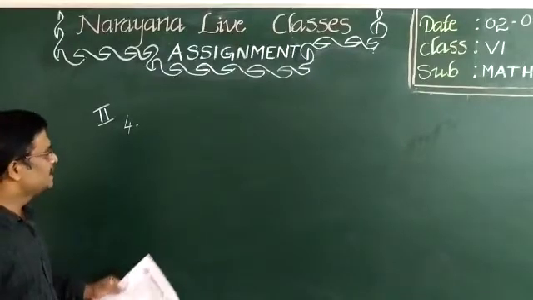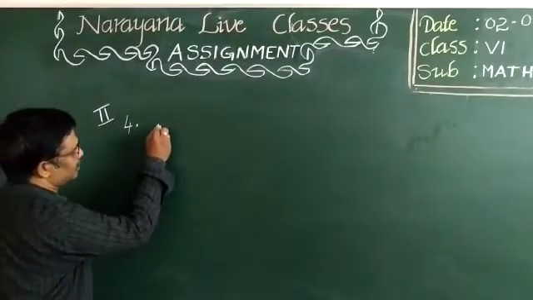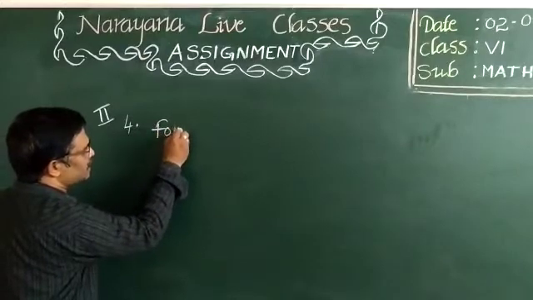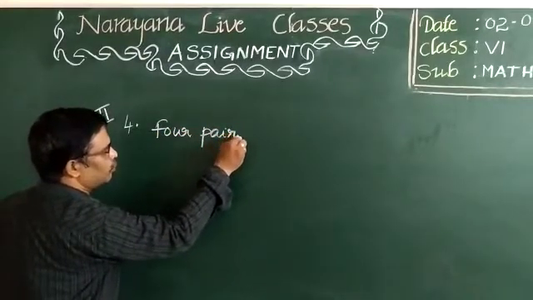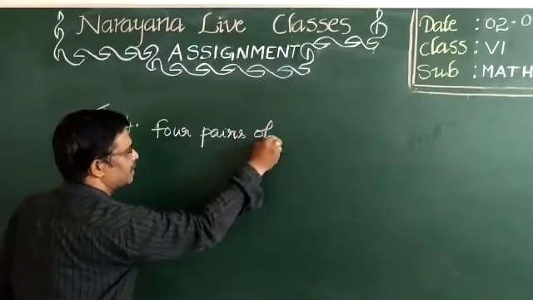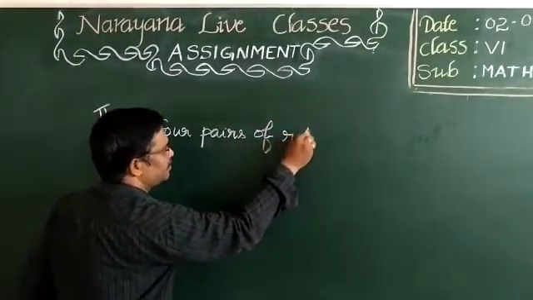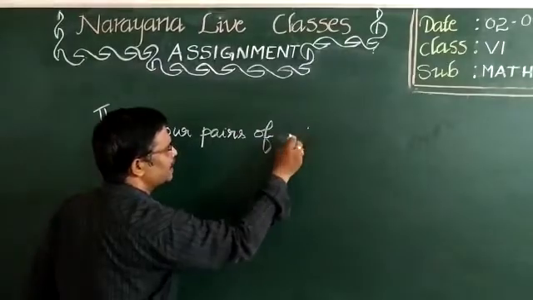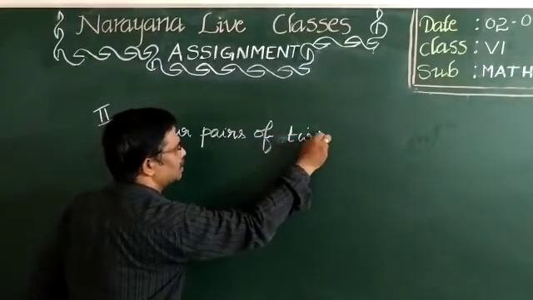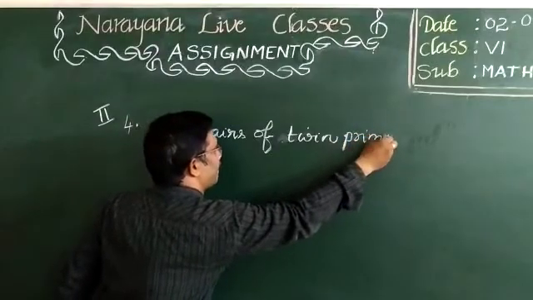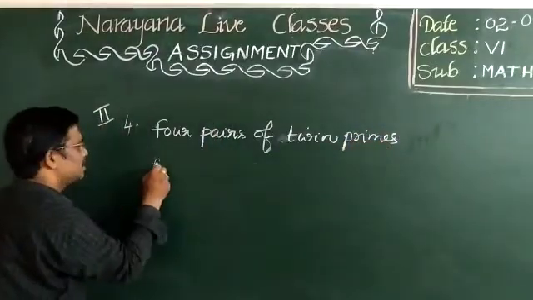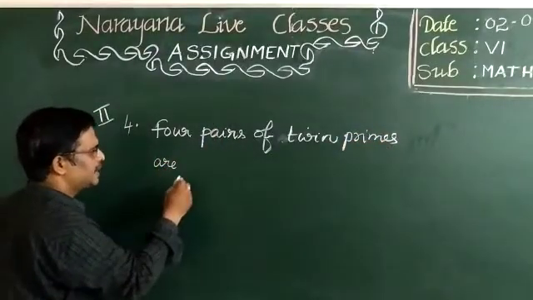So here they are asking 4 pairs. 4 pairs of, pair means 2, 2. 4 pairs of twin primes. You can take it one pair.